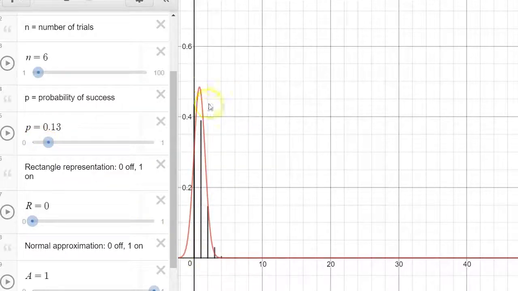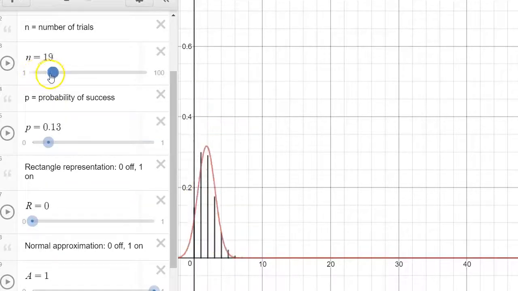You can see the normal distribution, the red curve, is doing a really pretty poor job of fitting the sticks, and there are very, very few sticks anyway. In fact, for any small value of n, less than about 20, the binomial distribution is just going to have only a few sticks in it, and the red curve is going to have a hard job to actually do that justice. So for large values of n, we really mean above about 20 or something.